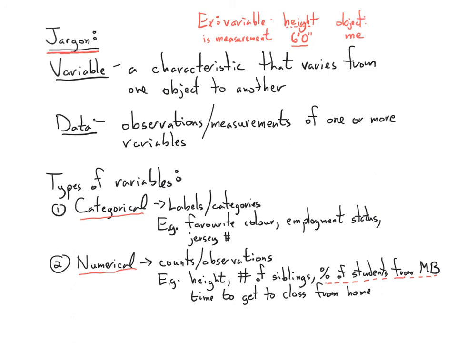Maybe, say, Wayne Gretzky, instead of having the number 99 on his back, might have the letter Z instead. That's fine. That doesn't change anything. It would operate in the same way. So jersey numbers really are labels more than they are counts or observations, so we think of them as categorical data.